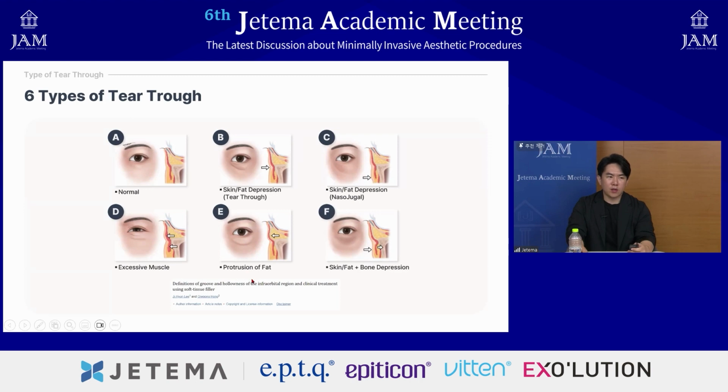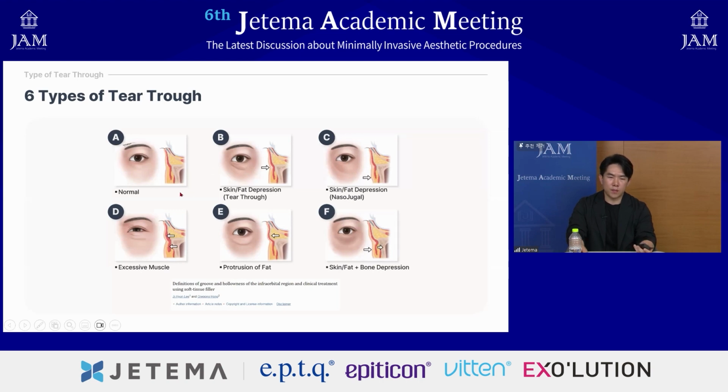However, in the field, when the patient comes, it cannot all be divided into just A, just B, just C, just D, because there might be B plus E, or also B, C plus E. And even if it's the same type, say B, the patient might have a different severity. So we can put it as B1 to 5 for the severity.